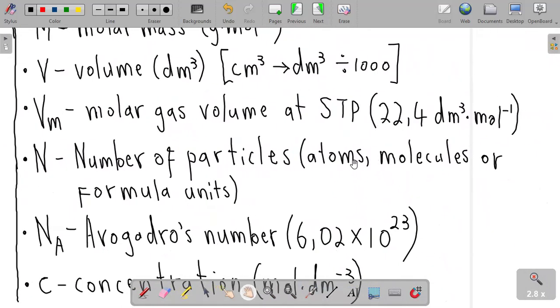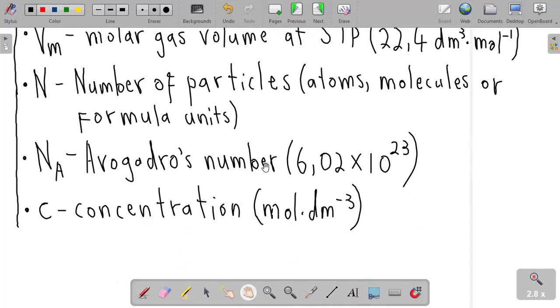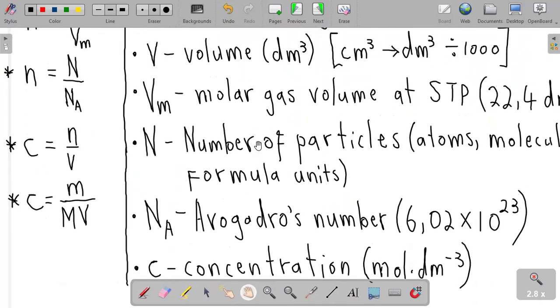Number of particles, there is no unit of measurement here. It's just the number of particles. They will tell you how many particles you have. Even Avogadro's number is just a number, okay? It's the number of particles in 1 mole of a substance.